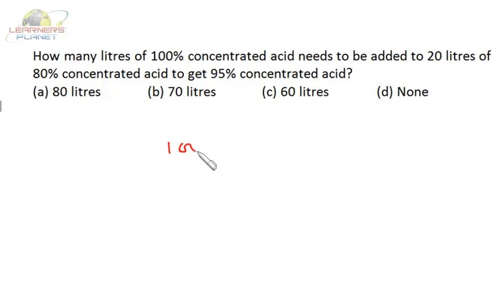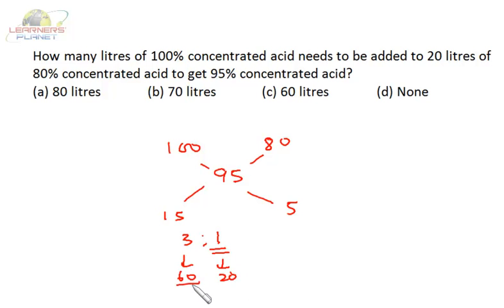Okay, so it's 100, it's 80, and it's 95. Okay, so it's 5 and it is 15. That means 3:1 ratio. Now 20 liters of 80%, that means this one part is 20, that means 3 parts is 60. Very simple, and I'm sure your answer is matching with mine.